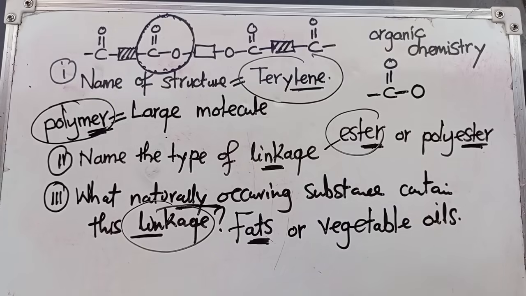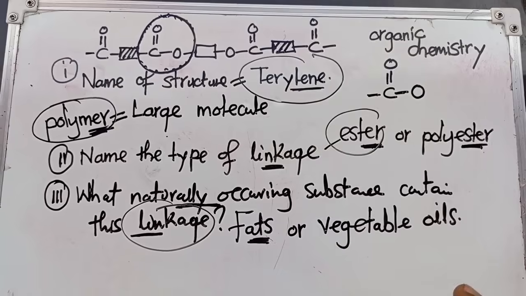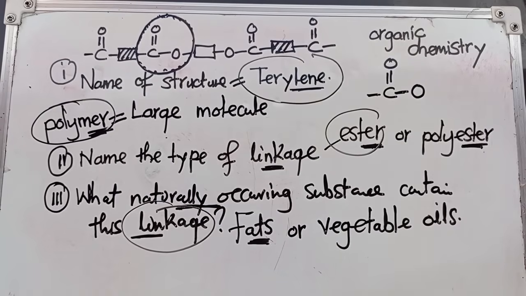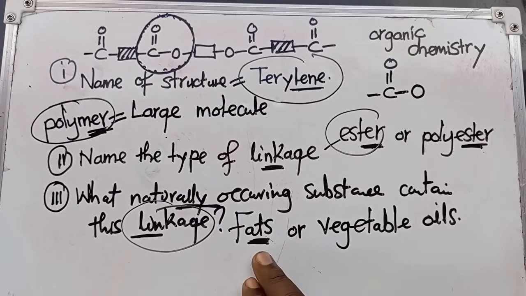These are naturally occurring substances that contain this type of linkage. So you can put this or you can put that as an answer. It is one and the same. I believe you are getting something and you are learning how to answer these exam questions. This is how we approach questions that come in an exam.